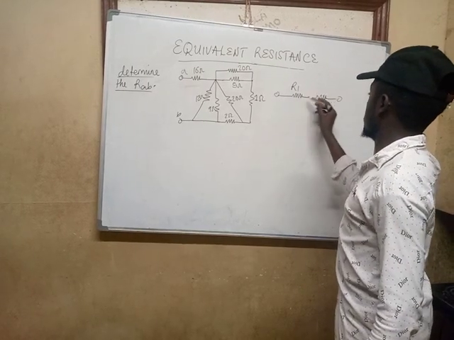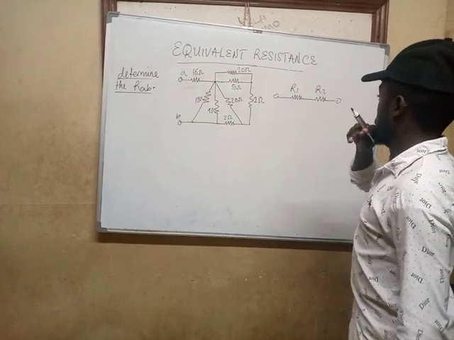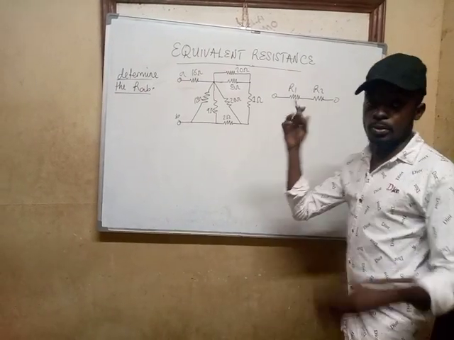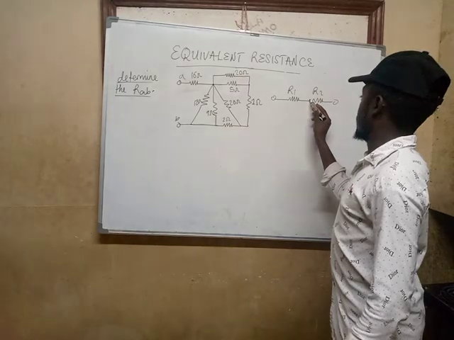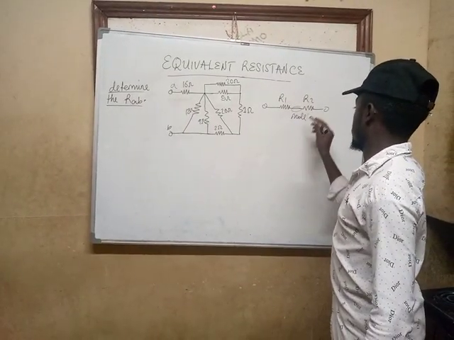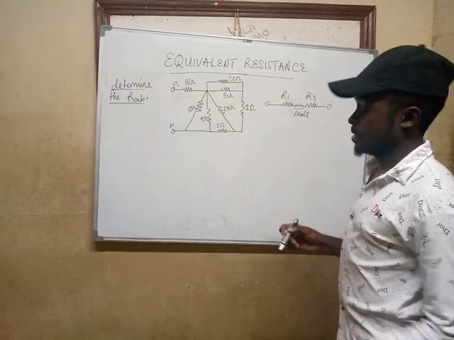Let's say this is R1 and this is R2. These two resistors are in series because they are sharing a single node. This is the node which is being shared by these two resistors.